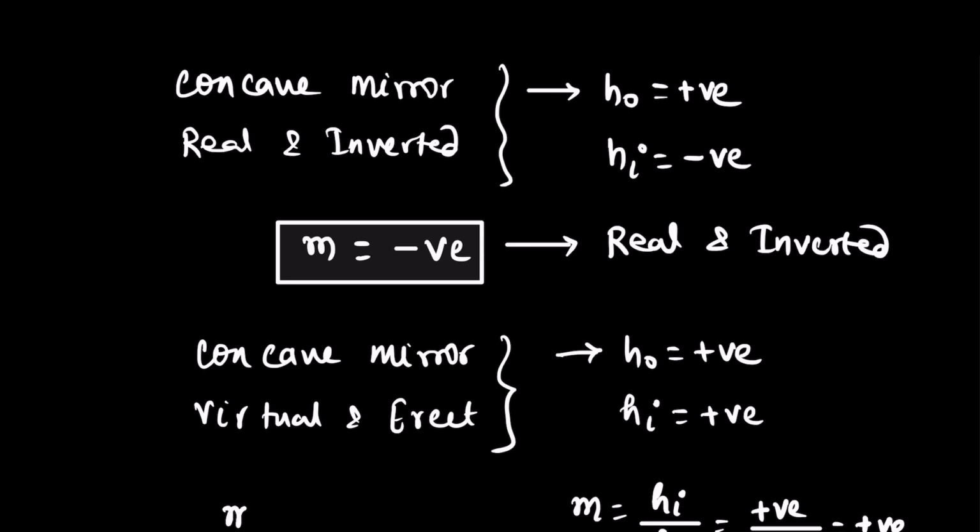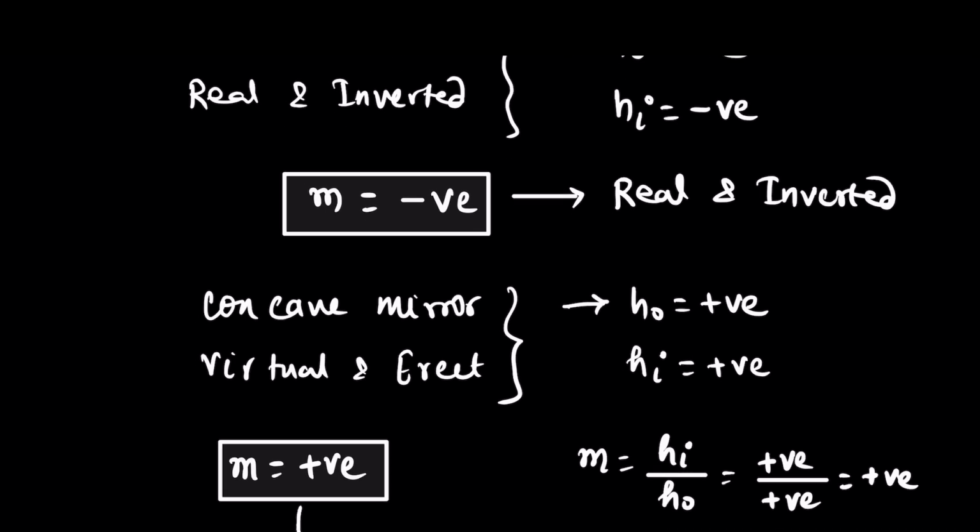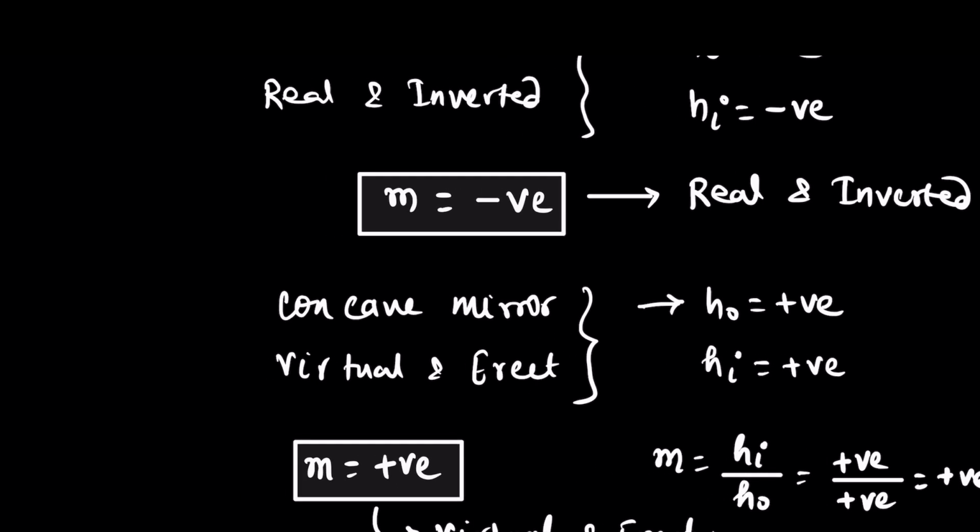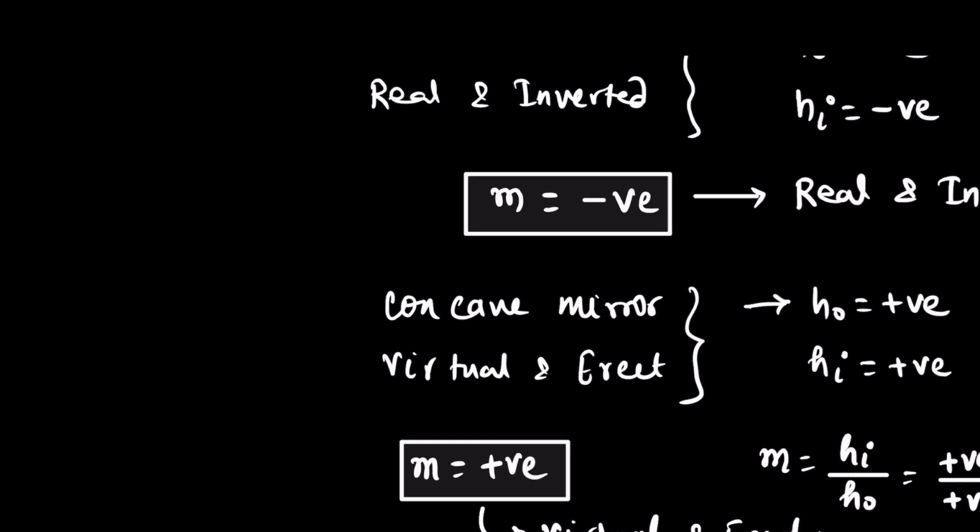So M positive represents a virtual and erect image. So for a concave mirror, when it is real and inverted, M is negative, and when it is virtual and erect, M is positive.